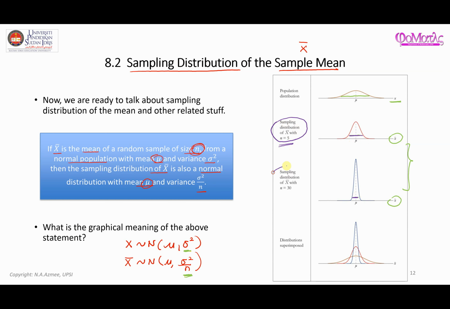Okay, because this one is the sampling distribution of x bar with n equals 30. Now it makes sense because imagine you have some value, sigma squared over 5, and you compare it with another value where you have the same sigma squared, but you divide that by 30. Of course, the result here is going to be smaller.